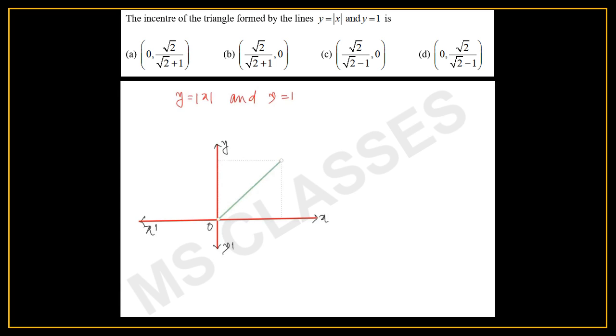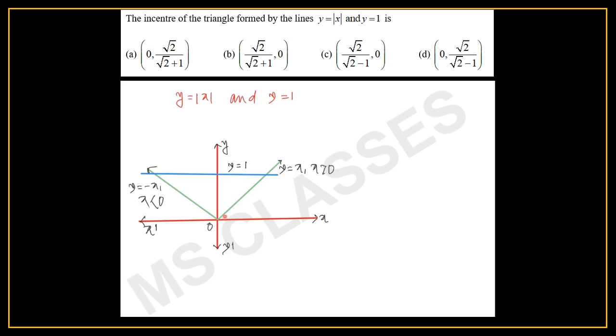Now this is the graph of mod x. So this is y equal to x when x is greater than 0. This is y equal to minus x when x is less than 0. We have another side which is along the line y equal to 1. So this is what is given and we have to find the incenter here.